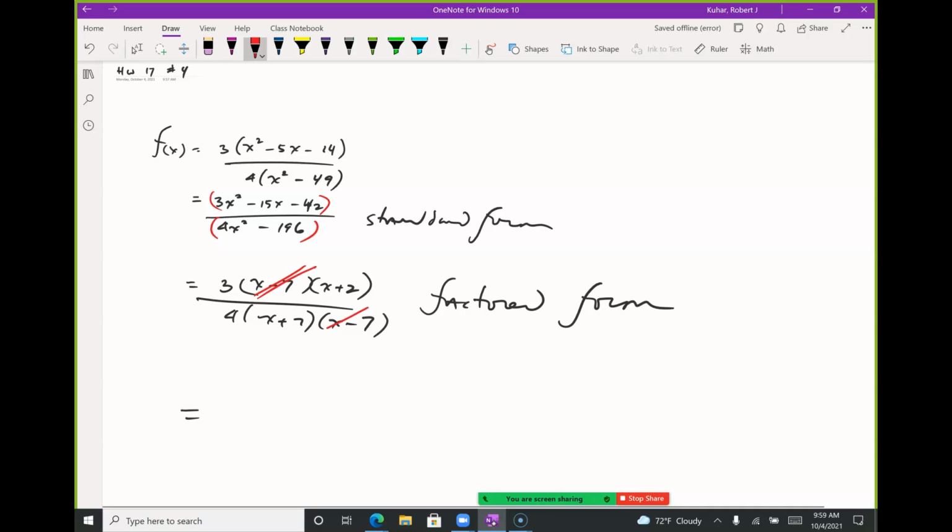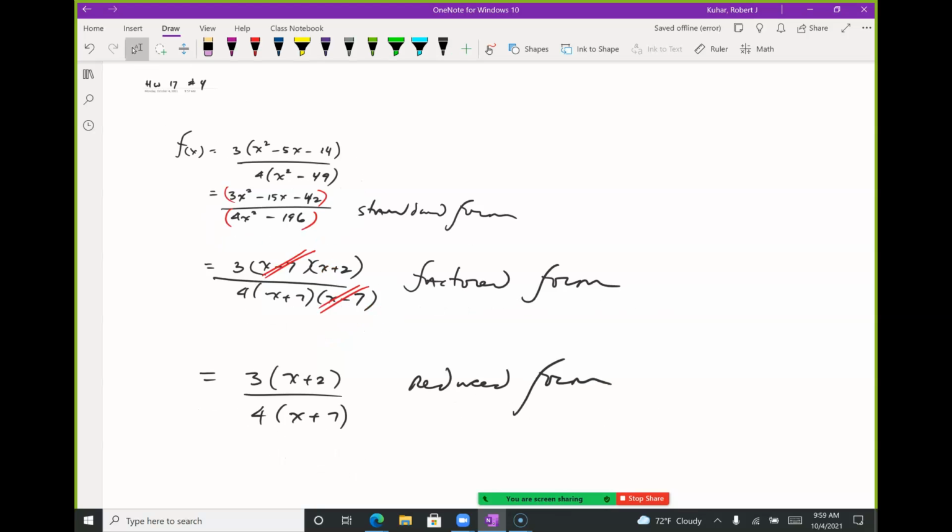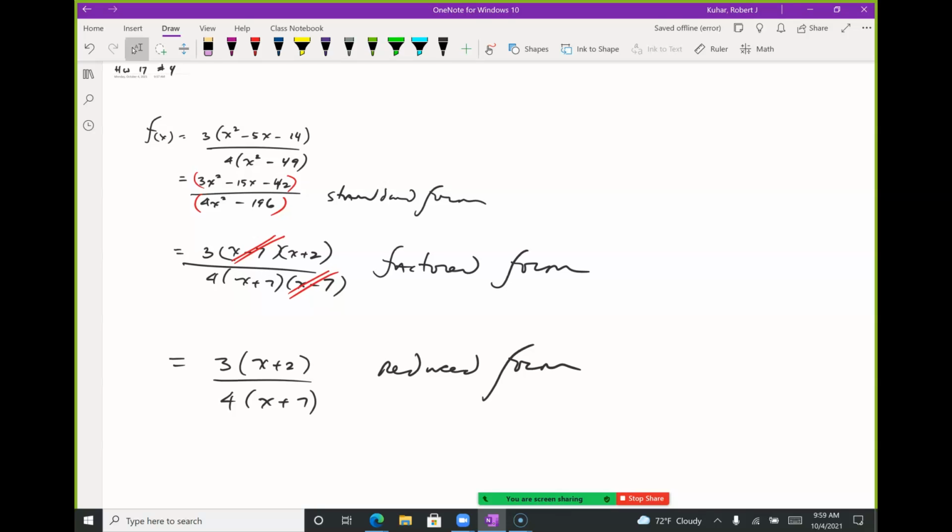Because these two factors will cancel. Now, what's important is that I'm getting my domain from the factored form, and graphing from my standard form. And the reduced form is just so I can say it a lot easier, kind of a nickname maybe, right?